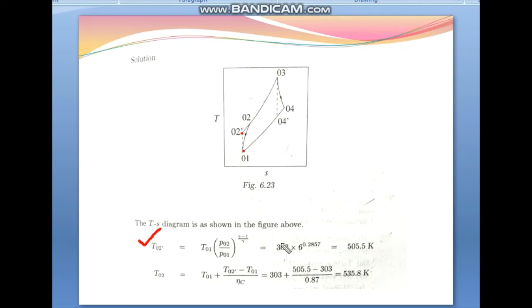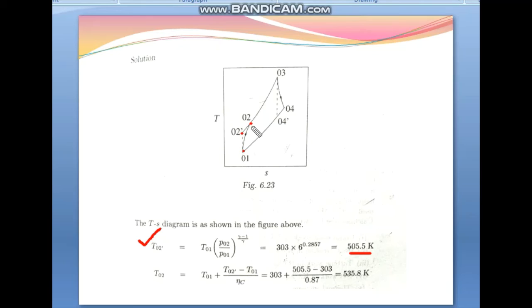The gamma value for air is 1.4, so that becomes 0.2857. So the T2 dash value is 505.5 Kelvin.